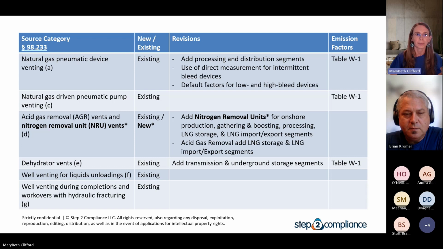So pneumatic devices are existing, but they do have some pretty significant changes to how those default factors are going to work. We do have a new section with the nitrogen removal units being added under the acid gas removal section. And then they've also brought in some additional segments that are required to do reporting.